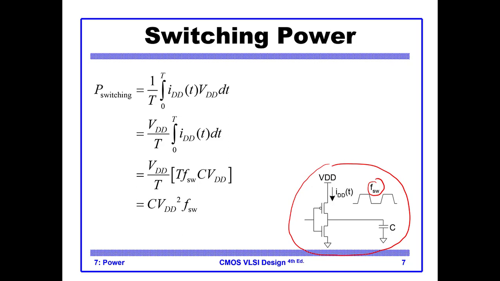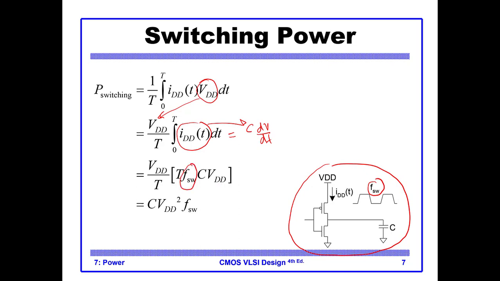So again we apply the same formula. VDD is a constant, so it goes out. Then you apply the integral, and again the current is the capacitor current, so it is C dV by dt. When you put this in and solve the integral, you get T C VDD.